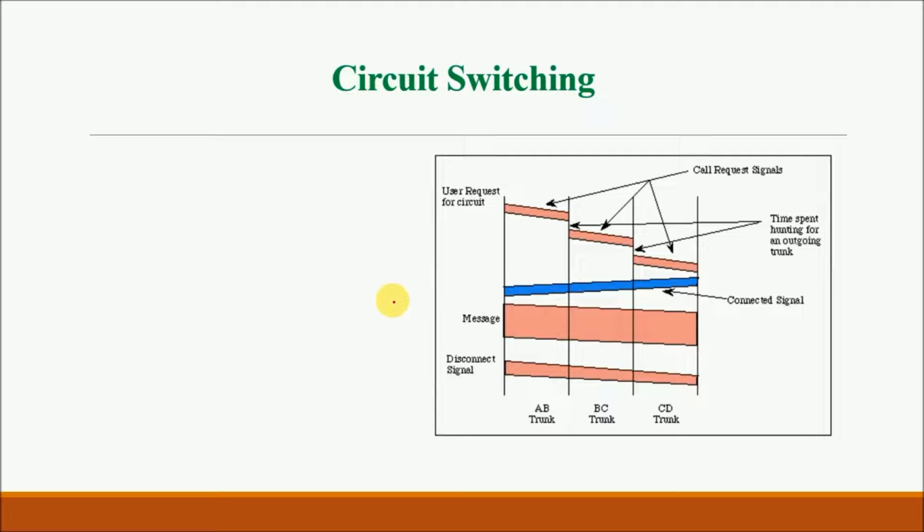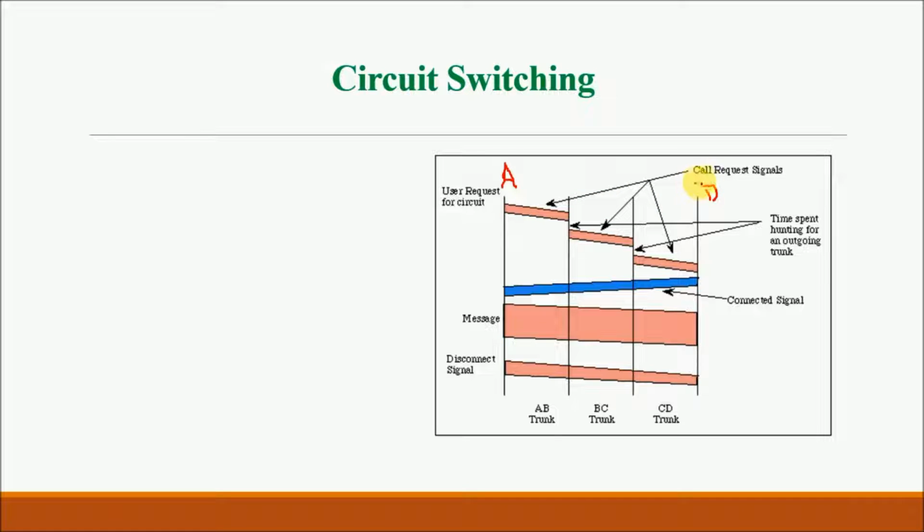In circuit switching, suppose we want to communicate from device A. Suppose this is device A, and this is device D. If we want to communicate from A to D, then what to do? At first we have to establish a communication link.